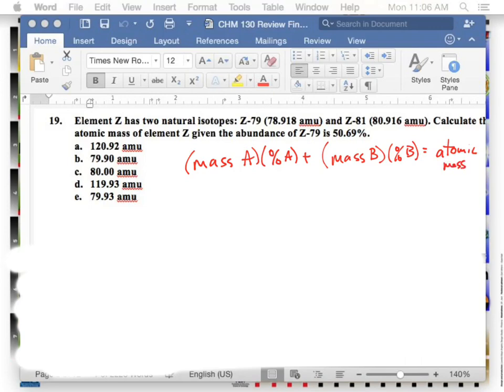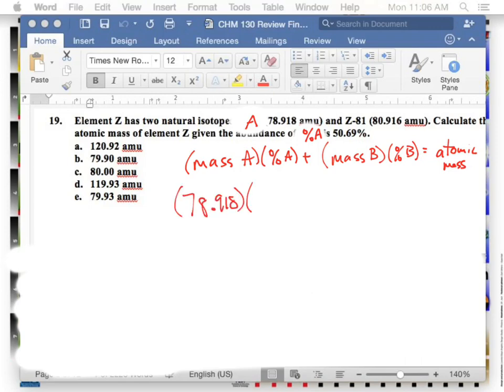Okay? So let's go through and make some simplifications here. I would argue Z79 is just going to become A. So that means I know the mass of A is 78.918.